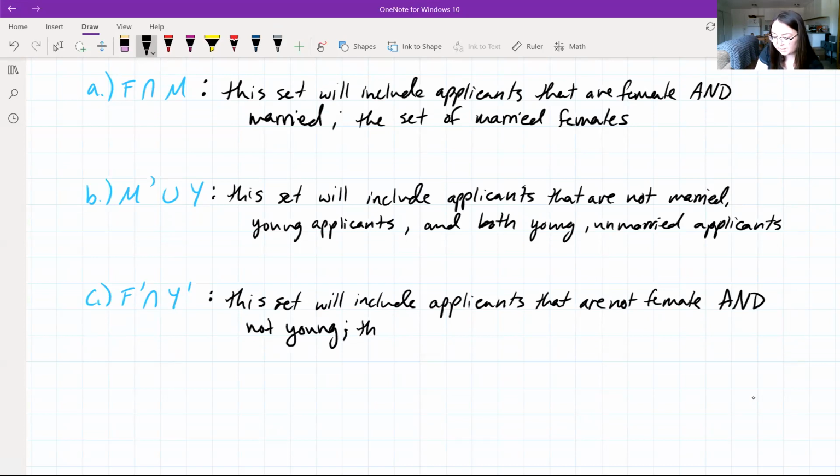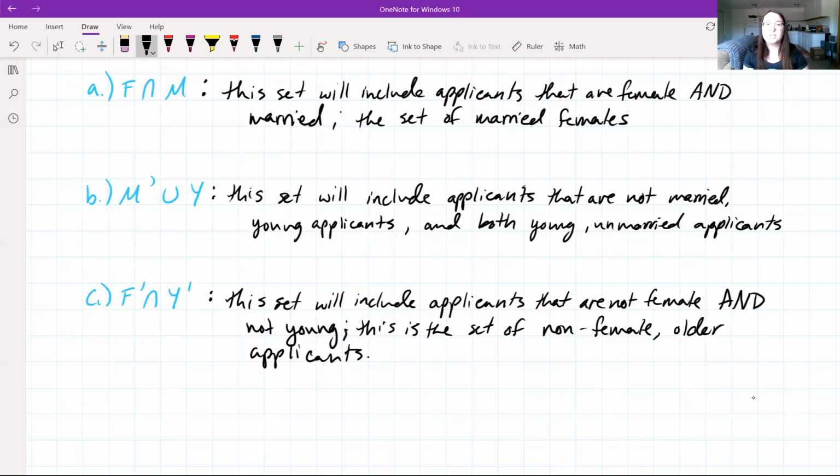This basically means that this is the set of non-female older applicants. So we see here when we take the intersection, that would be what we would consider both. So both characteristics, these applicants have to have both. But with our union, we see it can be one or the other or both.